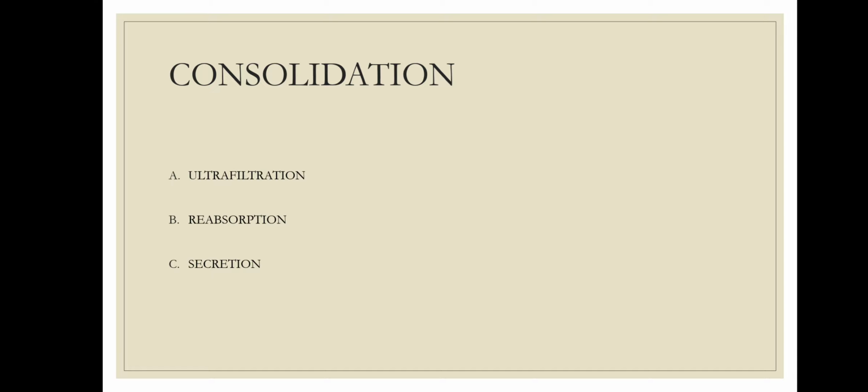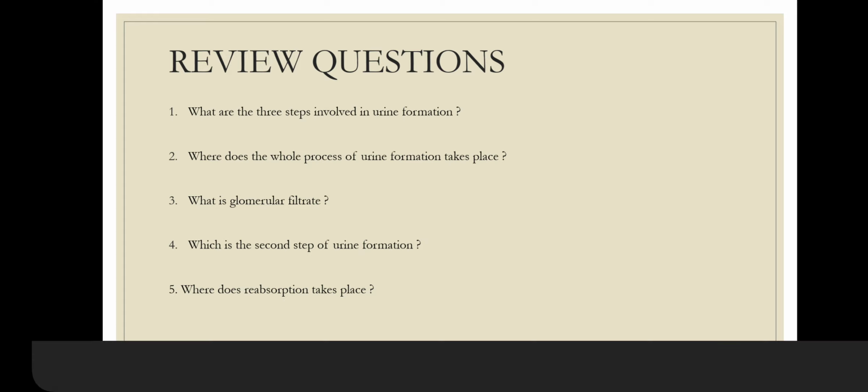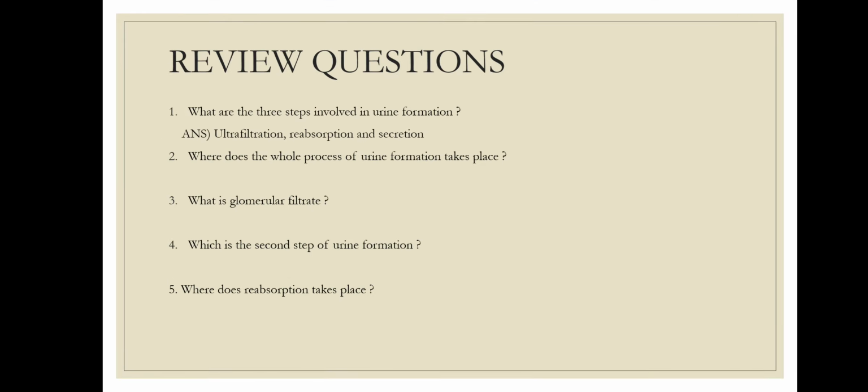We have discussed the whole process of urine formation. Let's review our knowledge with some more questions to increase one's knowledge depth. The first question is, what are the 3 steps involved in urine formation? The answer is ultrafiltration, reabsorption and secretion.